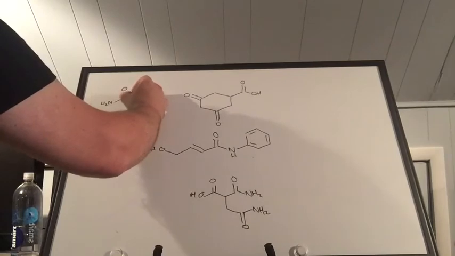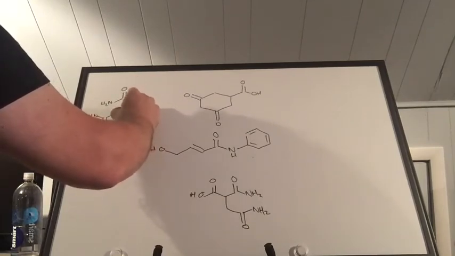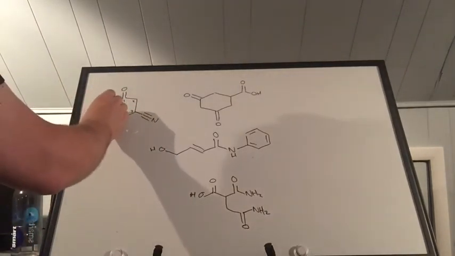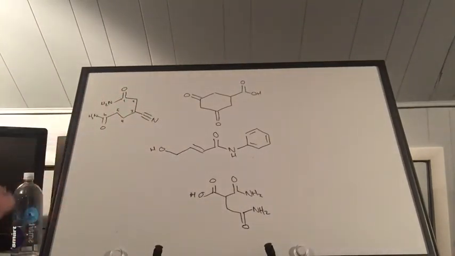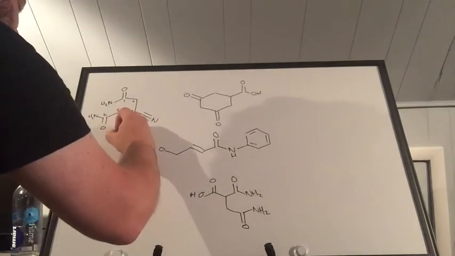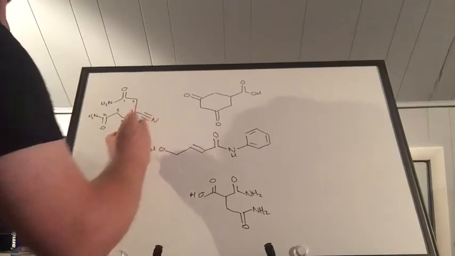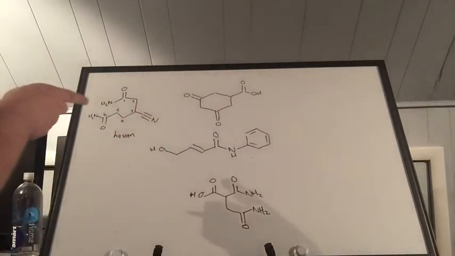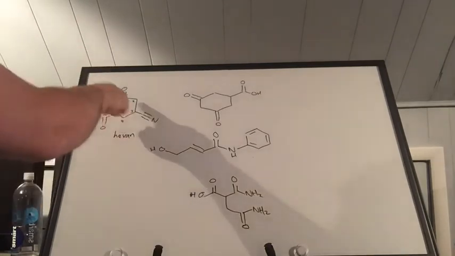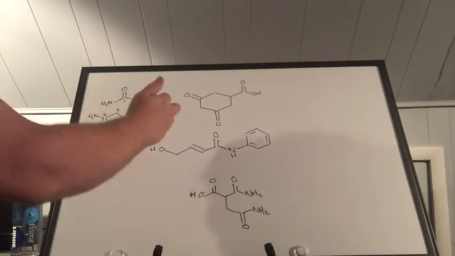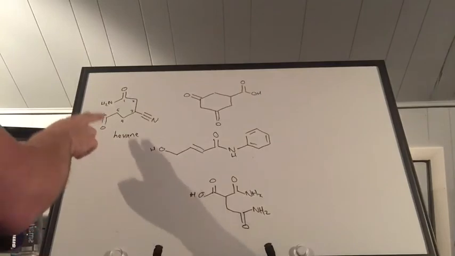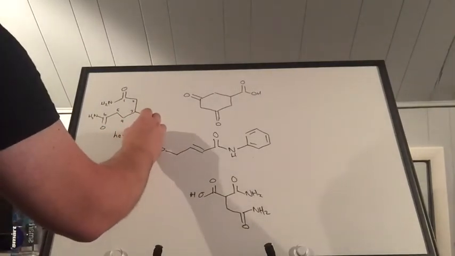So we're going to go 1, 2, 3, 4, 5. And there's going to be 6. Okay, so in other words, the count is going to be hexane. So hexane is going to be the main root. But since we have amides, not 1 but 2, it's going to be a diamide.